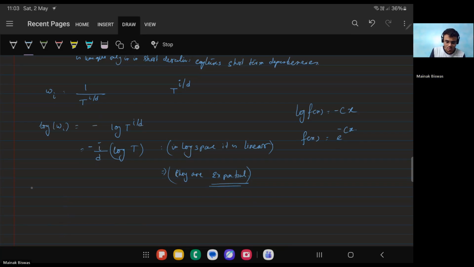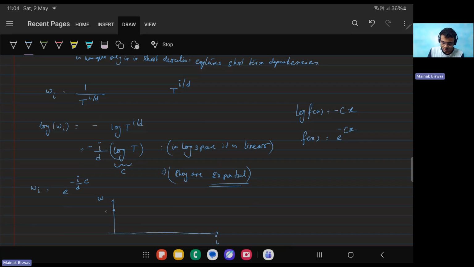So omega i is e to the power minus i by d into some constant C. So let us write this as C, right? So as your i increases, when i is 0, this is 1, omega is 1. This is your omega, and this is your i.